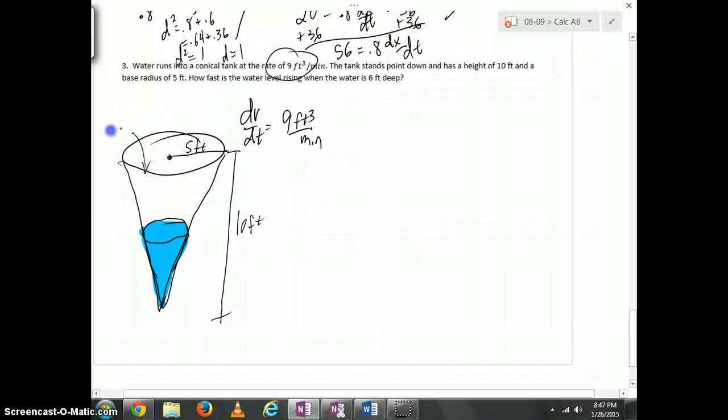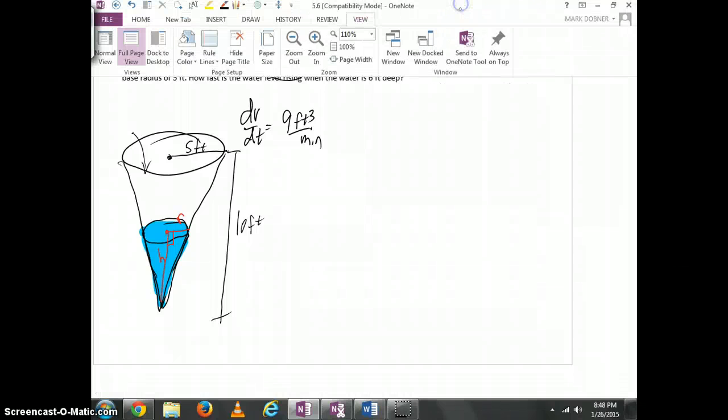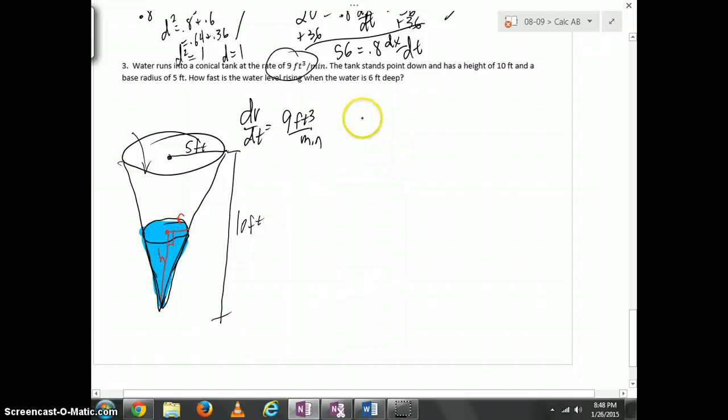Well, I hope it's clear that the water actually is in the shape of a cone also. We have this r for a radius, and we have h for a height, and that's the height of the conical water there. So I hope it's clear that we're going to have the volume of any cone, like we had in the beginning of our notes, would be 1/3 pi r squared times h.